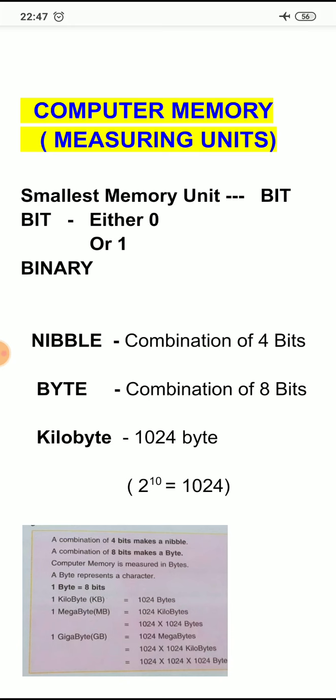That is why when we talk about computer memory units in kilo, instead of 1000 it is 1024. It is very interesting, and moreover in many competitive exams this question is asked. Questions on bit, byte, nibble are very important for competitive exams also.